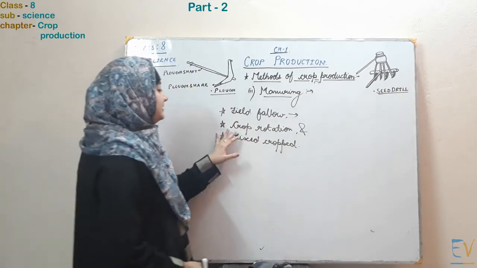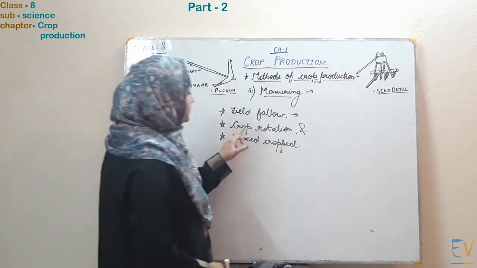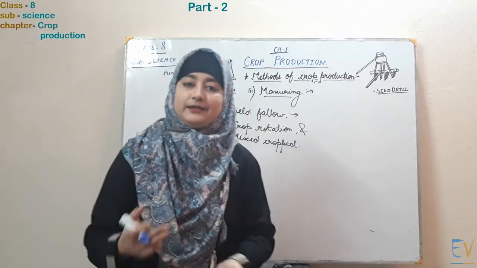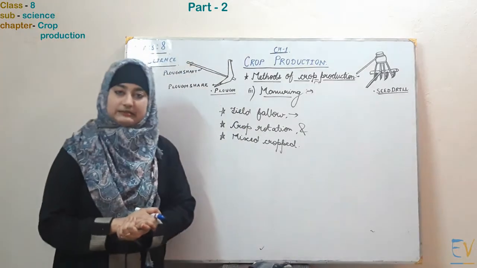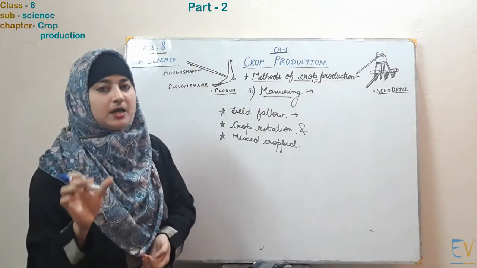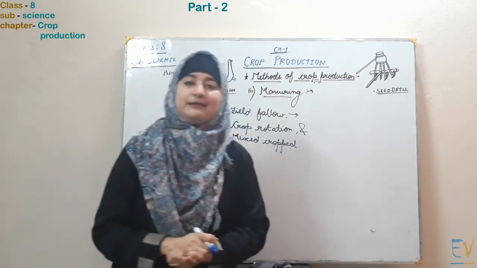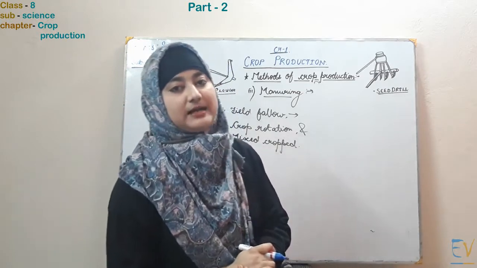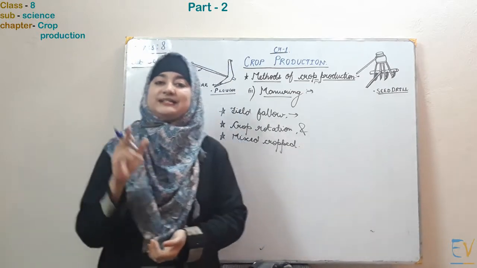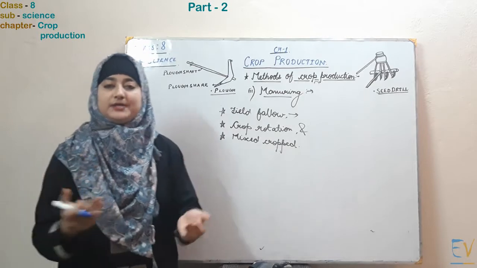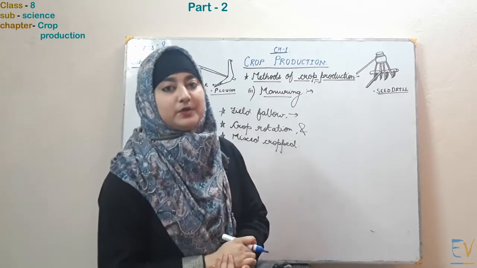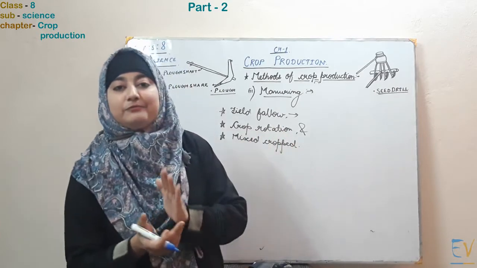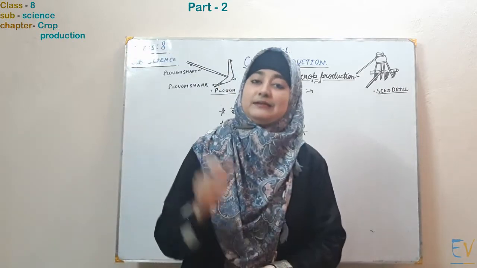Okay, now the second method is crop rotation. Now what is crop rotation? Growing different crops in different seasons on a particular field is called crop rotation. For example, wheat and rice. After wheat and rice, leguminous plants are generally grown. Why? Because wheat and rice require lots of nitrogen or nitrogenous compounds from the soil, and that nitrogenous compound is maintained when the other crop is leguminous.